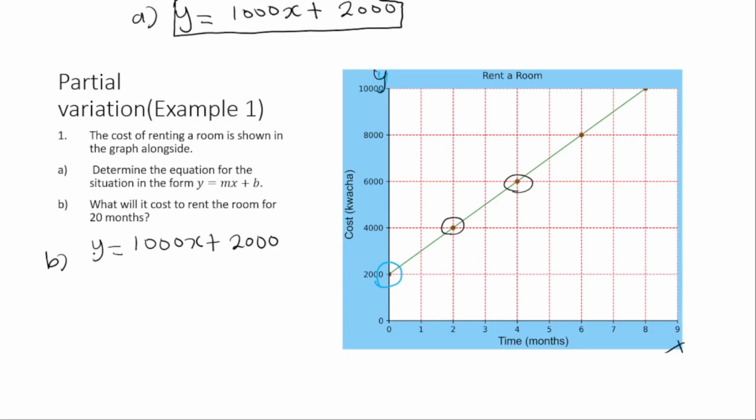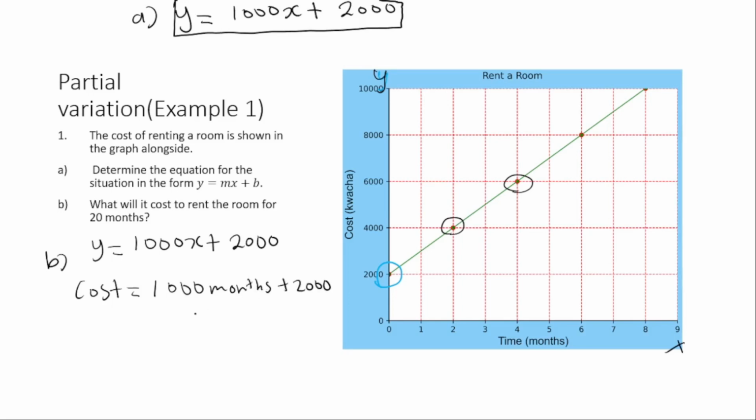Let's use the variables that have been given in this question. y is cost, and x is time in months. So we have 1,000 times months plus 2,000.